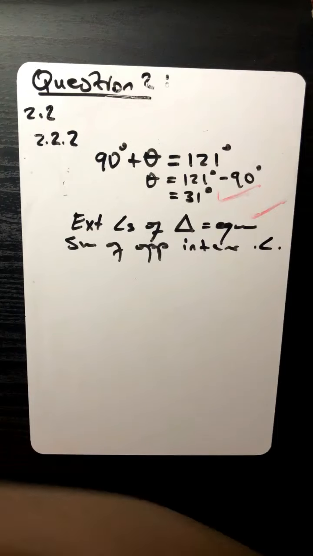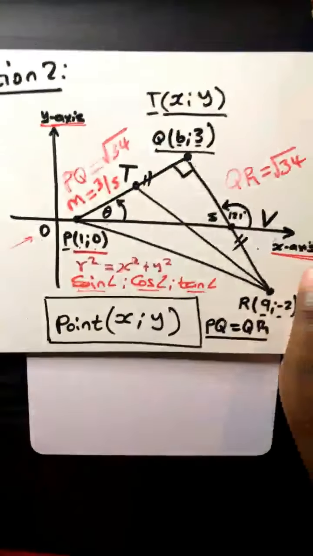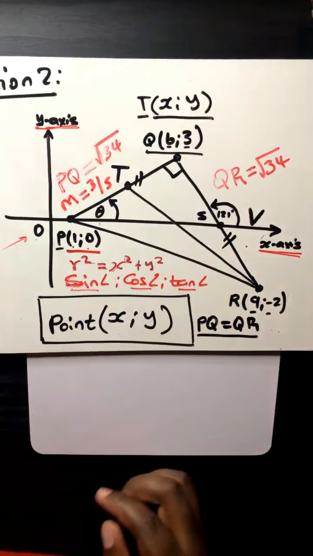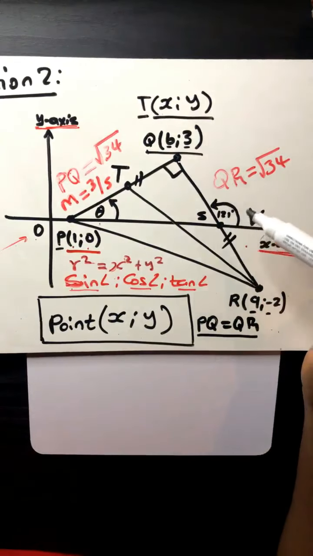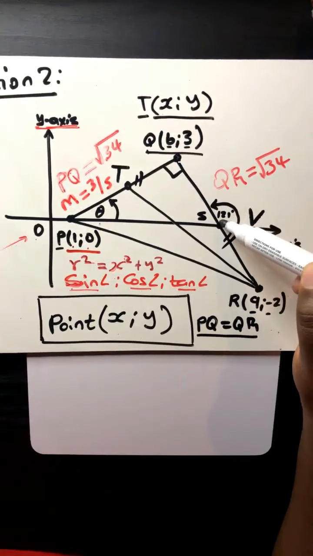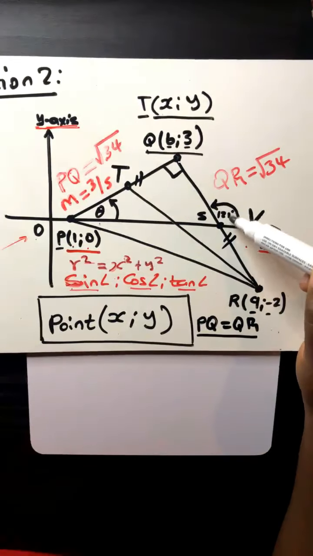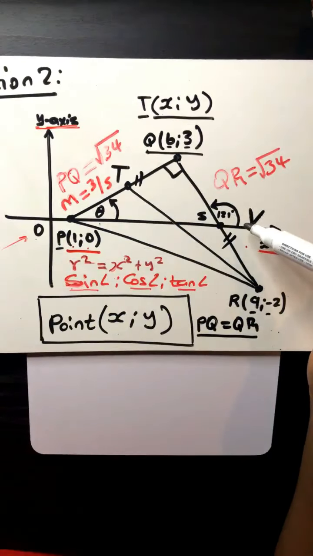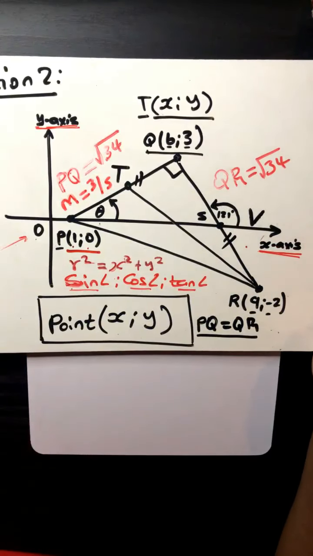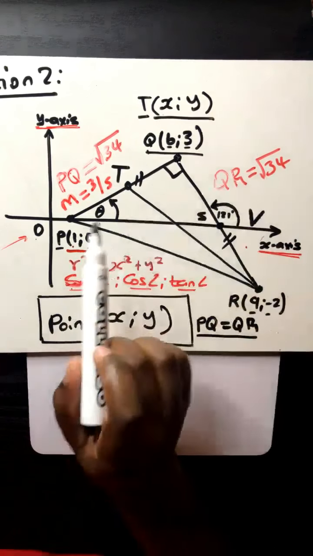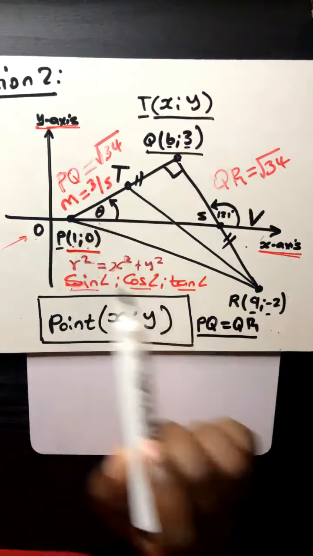So for those of you who want to look at exactly what we're talking about over there, can you see we've got that 121 degree angle? This is an exterior angle. This is the theta, which is an interior angle.